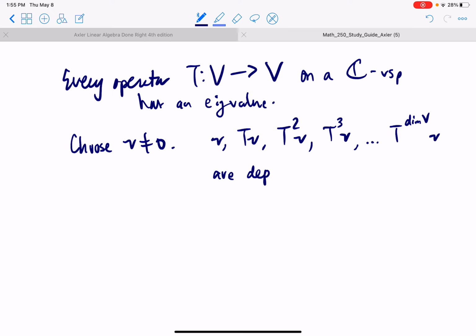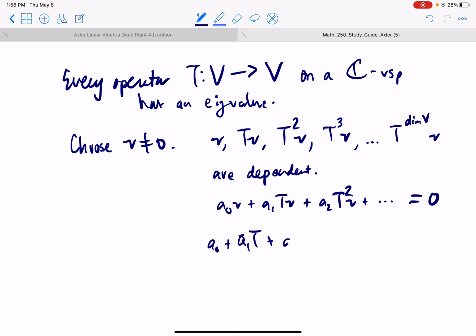They are dependent. So that means there's some linear combination of them, a0 v plus a1 Tv plus a2 T squared v plus all the way up to whatever it is equals 0. But that basically means that we have a polynomial. So factor out v from everything. (a0 plus a1 T plus a2 T squared plus dot dot dot) times v equals 0.